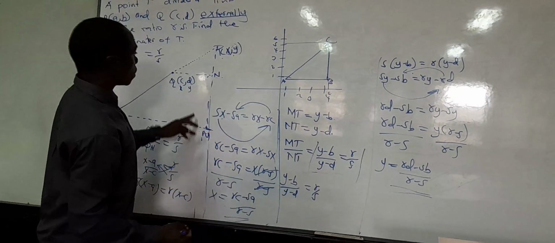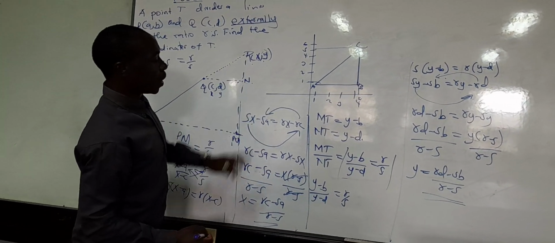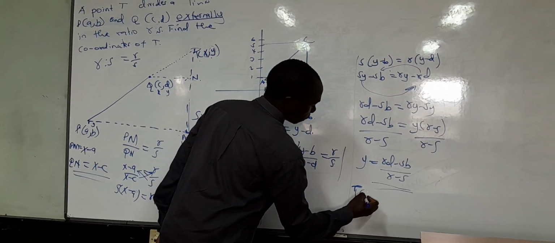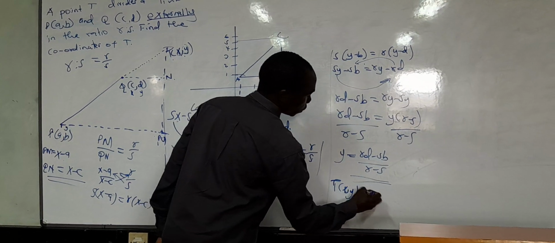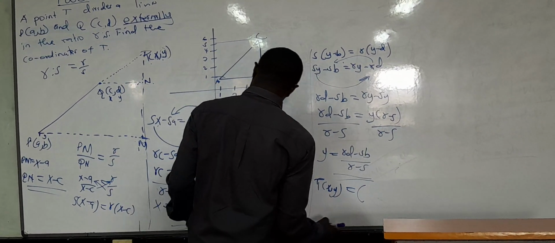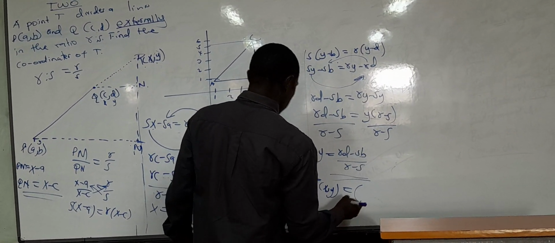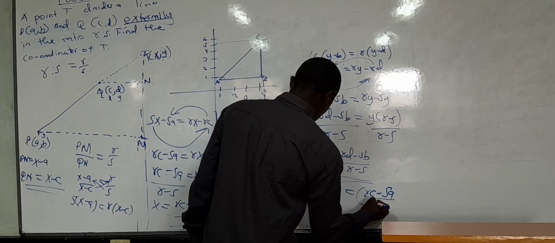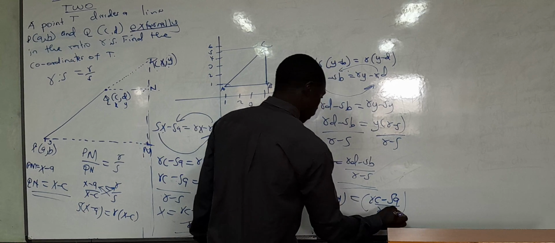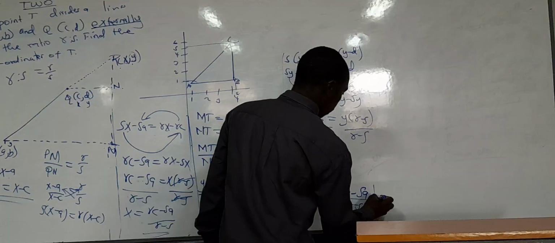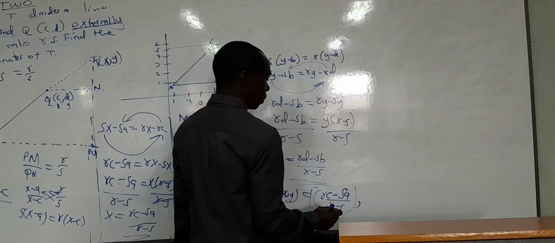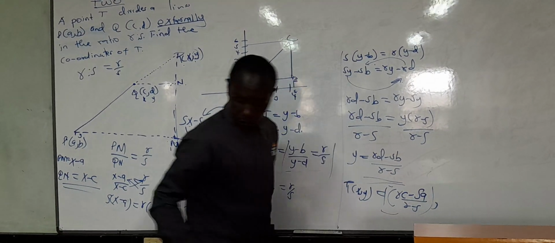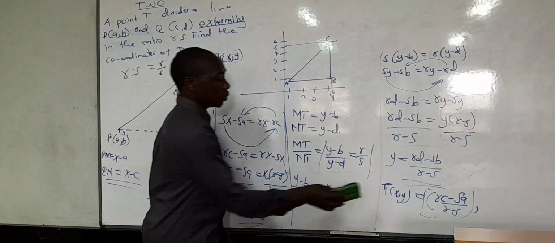So the two values of x and y, you can say that now point T, the values of x, y is equals to, the first value of x, we say it's going to be (rc − sa) over (r − s), then let me write to the top so that it becomes visible.